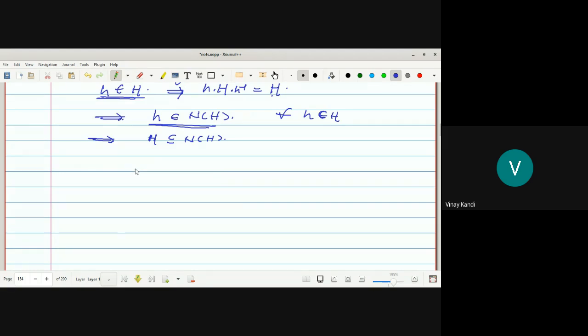Okay, now let there exist K such that H is normal in K. Okay, there exists K such that H is normal in K. असा एक group exist होता है.